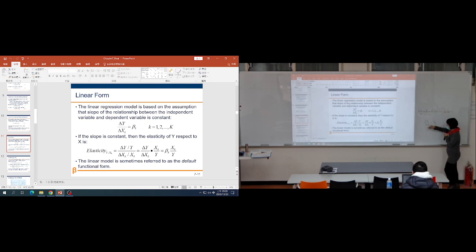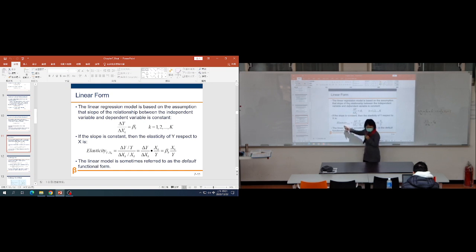If I have this one, let me just put two x variables, x1 and x2, with beta 2. In this case it turns out to be this one, and we call this elasticity. The other one is called slope.